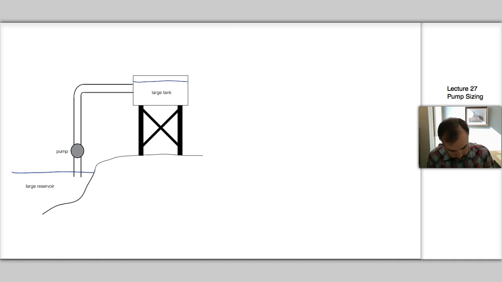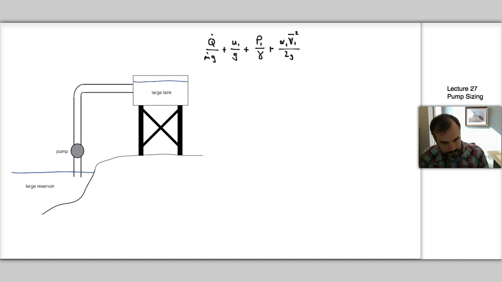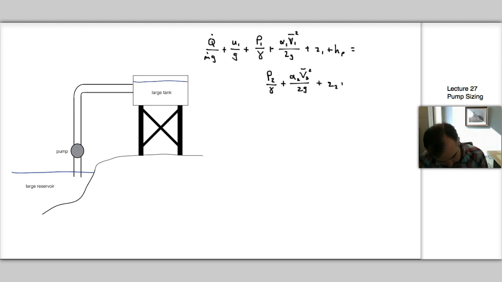We say Q dot over M dot G plus U1 over G plus P1 over gamma plus alpha 1 V1 bar squared over 2G plus Z1 plus H sub P is equal to P2 over gamma plus alpha 2 V2 bar squared over 2G plus Z2 plus H sub L plus H sub T plus U2 over G.